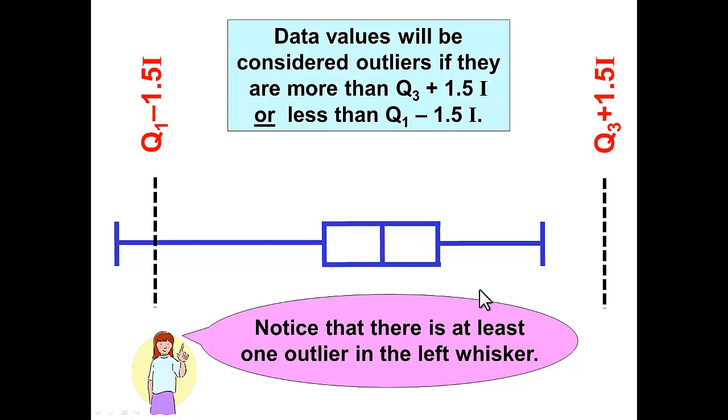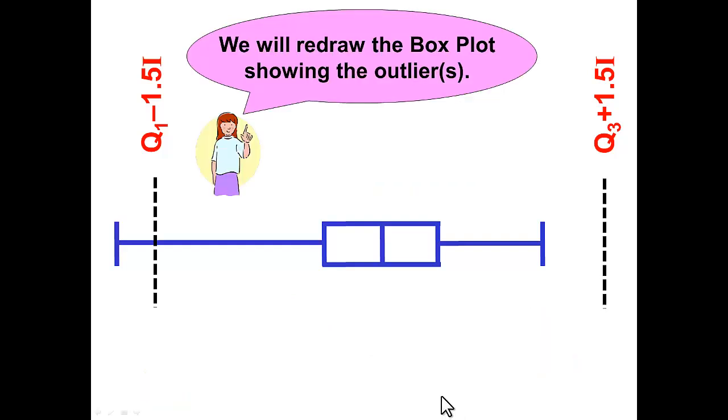These marks can be called fences or borders or the margin or whatever you want to call it. Fences is a good word and a word that is used often in our text. And it's because it's below that dotted line, or this fence, that there will be at least one outlier.